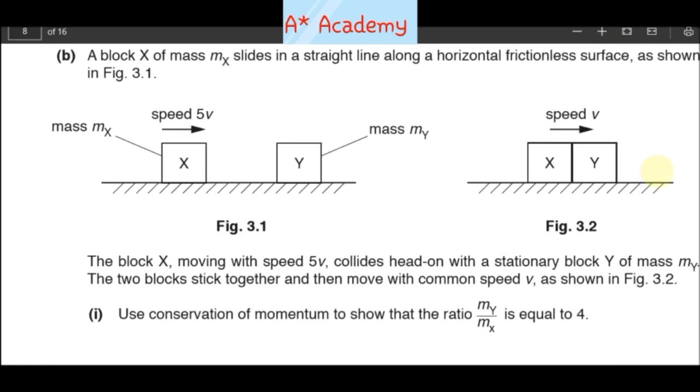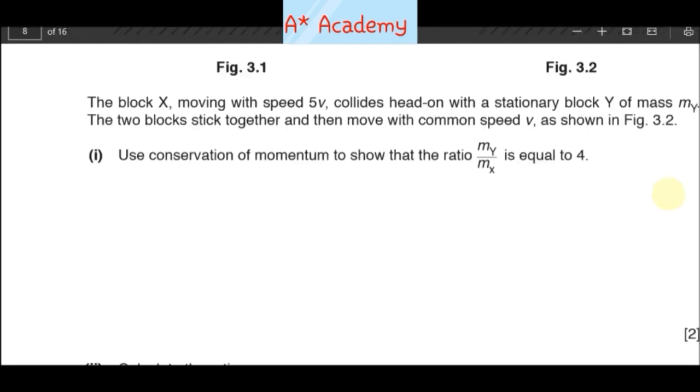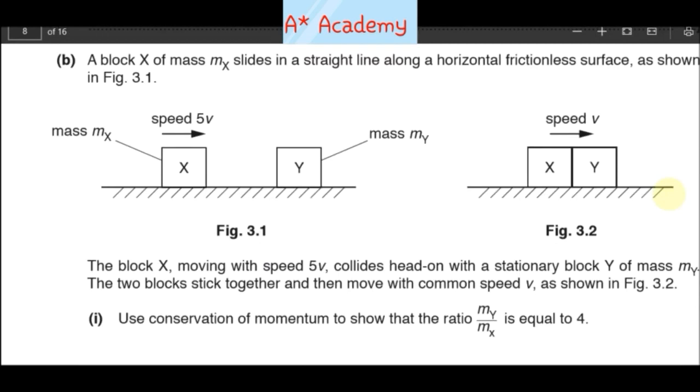Right, then we are on to part B. We are going to use the conservation of momentum to show that the ratio of mass Y over mass X is 4.